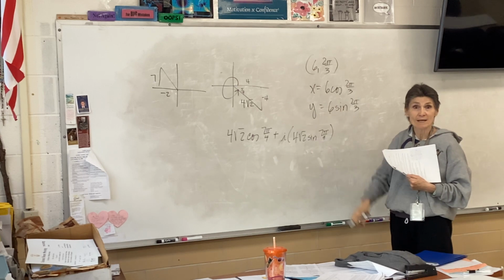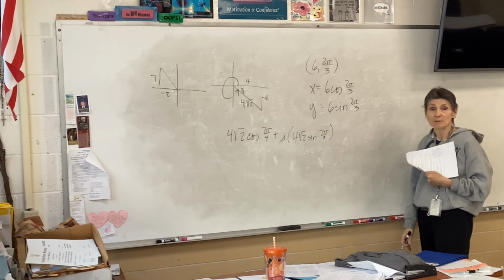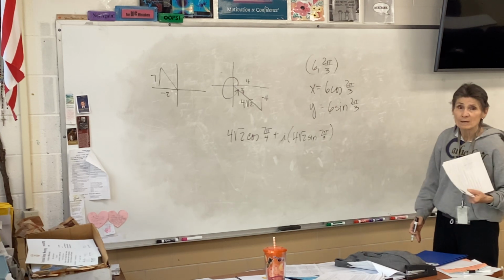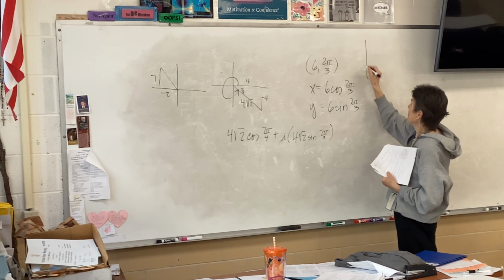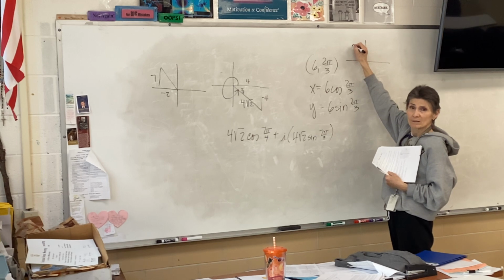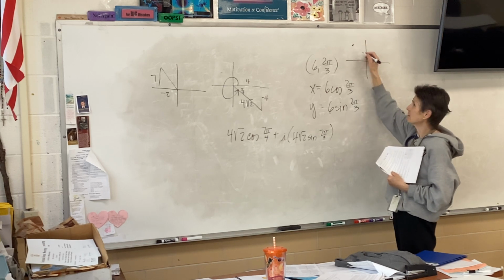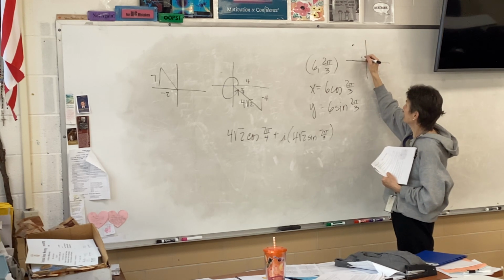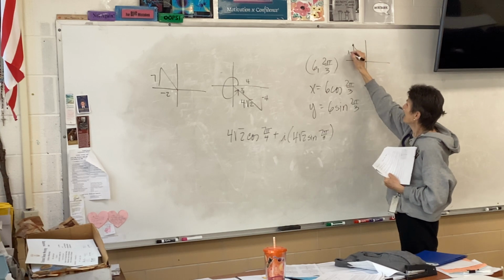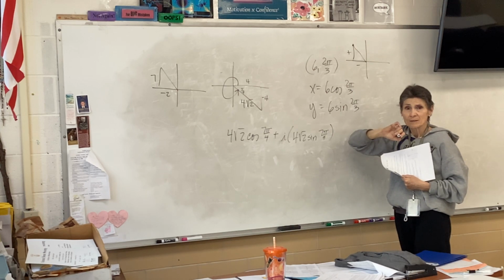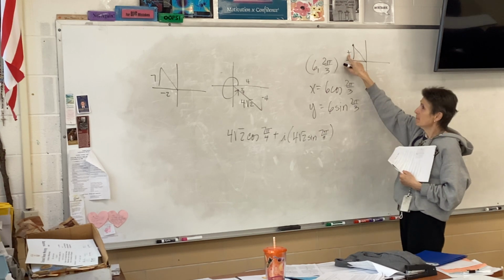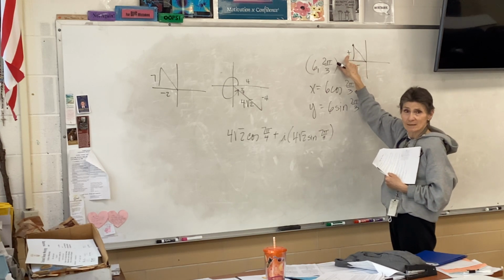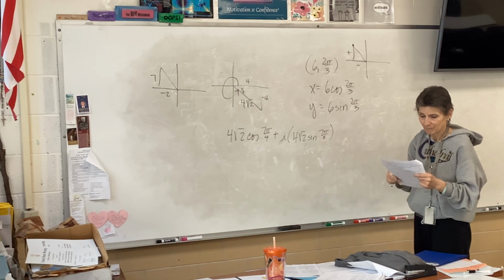Remember, x is real, y is imaginary when we're talking about complex numbers. Or you can just stop and think about, where is that point? That 2 pi over 3 is over here. And if you're over here, x is negative and y is positive. So the real part is negative and the imaginary part is positive. So that's false.